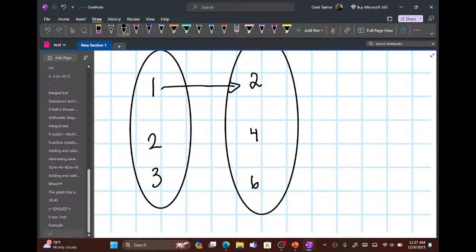This is paired to this, but this is also paired to this. I guess I can't put it on more than one.